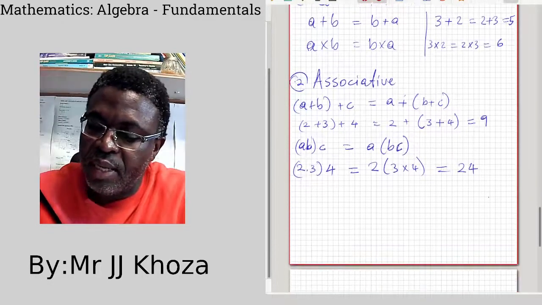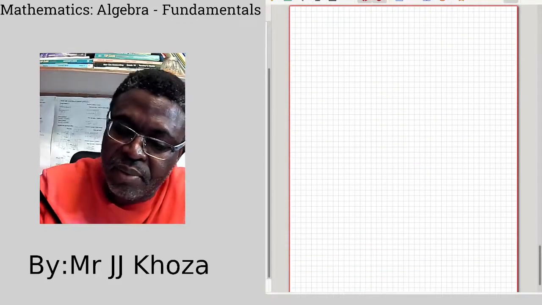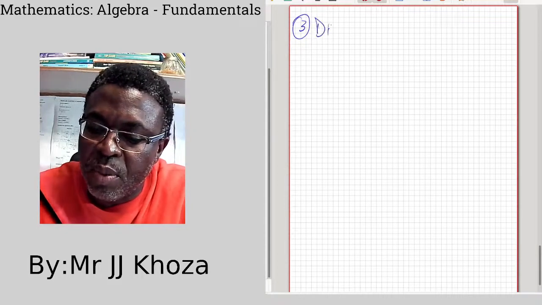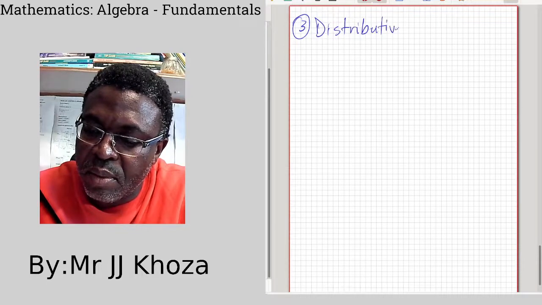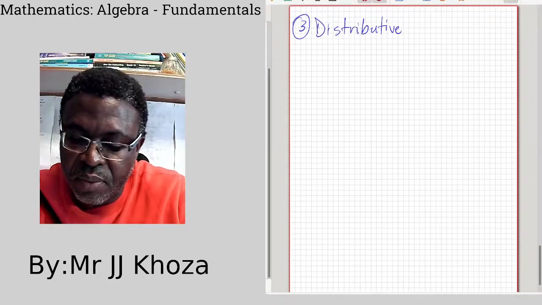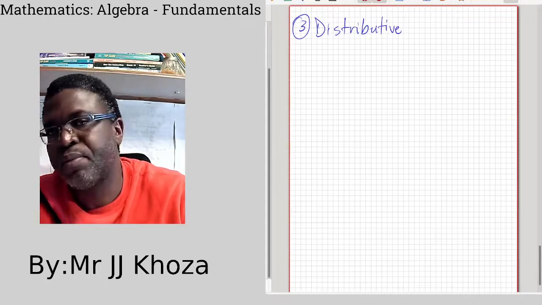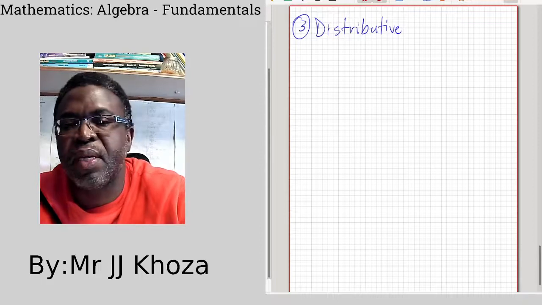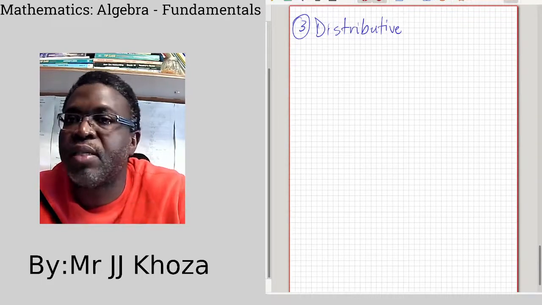The third property, number 3, is called the distributive property. What do we do here? We're distributing. Imagine you have a pocket of sweets you're giving to your friends. That is called distribution.